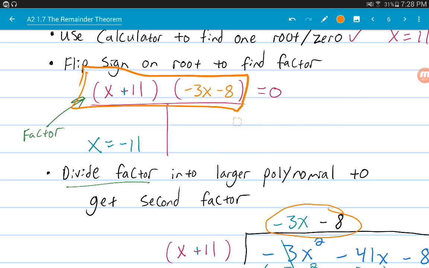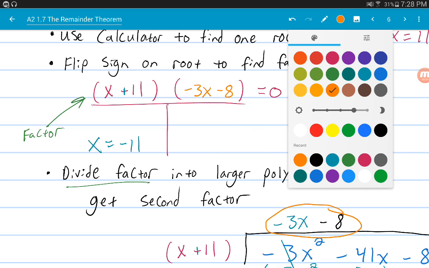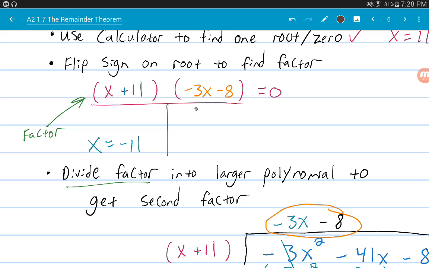We get all this done, same exact beginning. The only difference is when we get to here, we say, all right, we've got one root here. I need to get one root on this side. So negative 3x minus 8, we set it equal to 0. And I'm going to solve for x by adding 8.